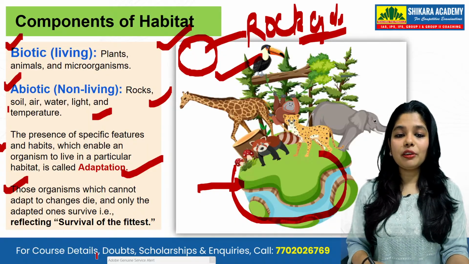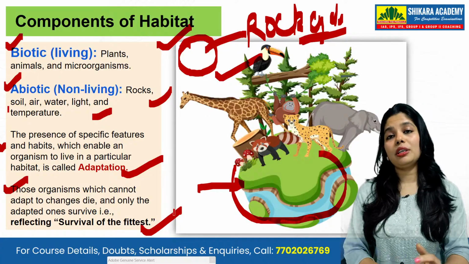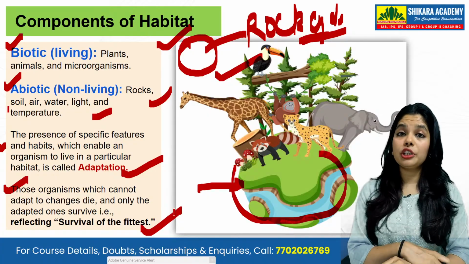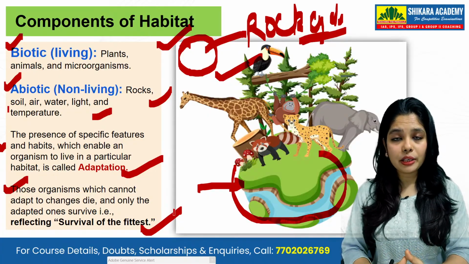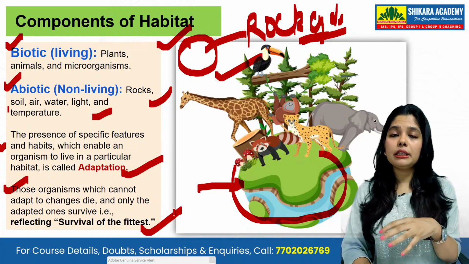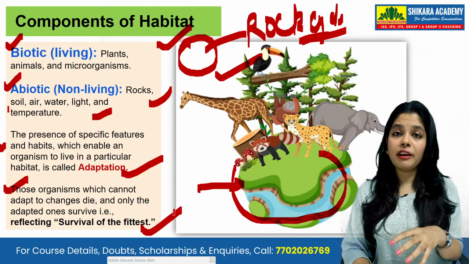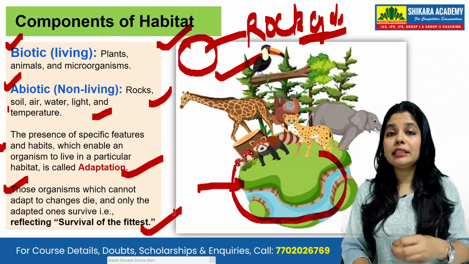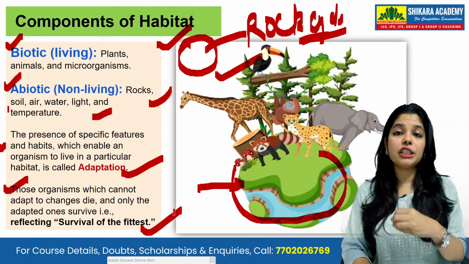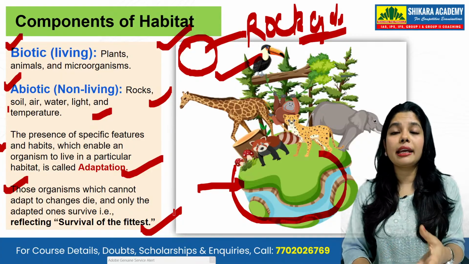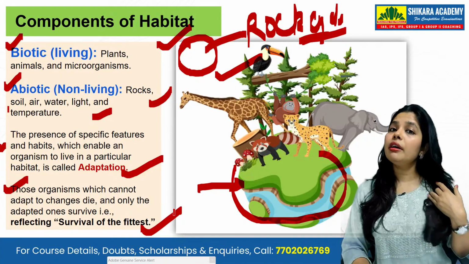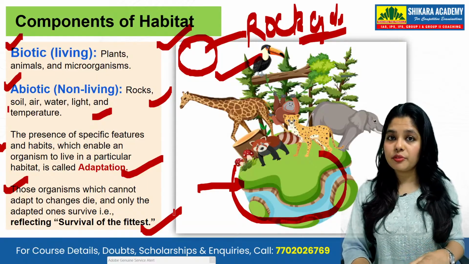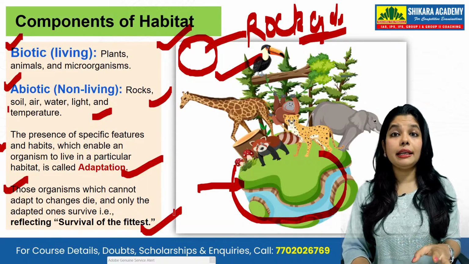So survival of the fittest is something you can quote in your Mains answers. Why can you quote it? Because if a particular species is able to survive and thrive, only then can they continue the reproduction, continue their regime, continue their cycle of life. We have seen a lot of organisms, a lot of birds and animals, getting extinct.